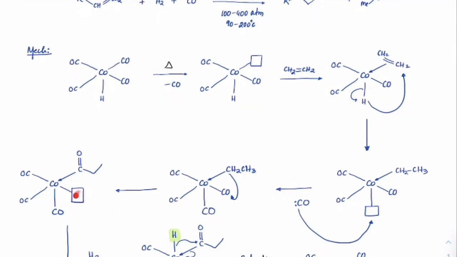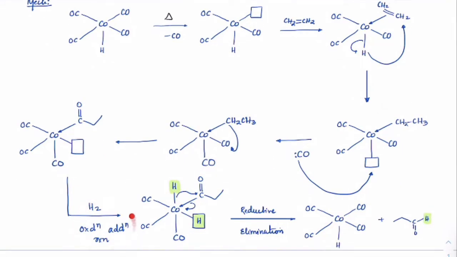Again this empty site has appeared, because the CH2 CH3 has occupied the carbonyl position. So an H2 oxidative addition reaction will take place, where both hydrogens get added here. After that this hydride will shift onto this carbon, this bond will shift onto cobalt, and you can see it has regained the original structure.